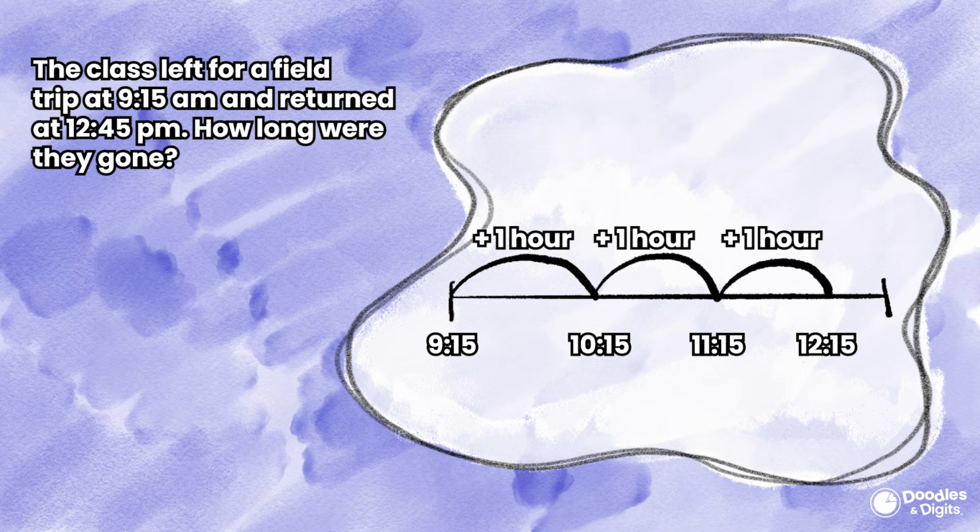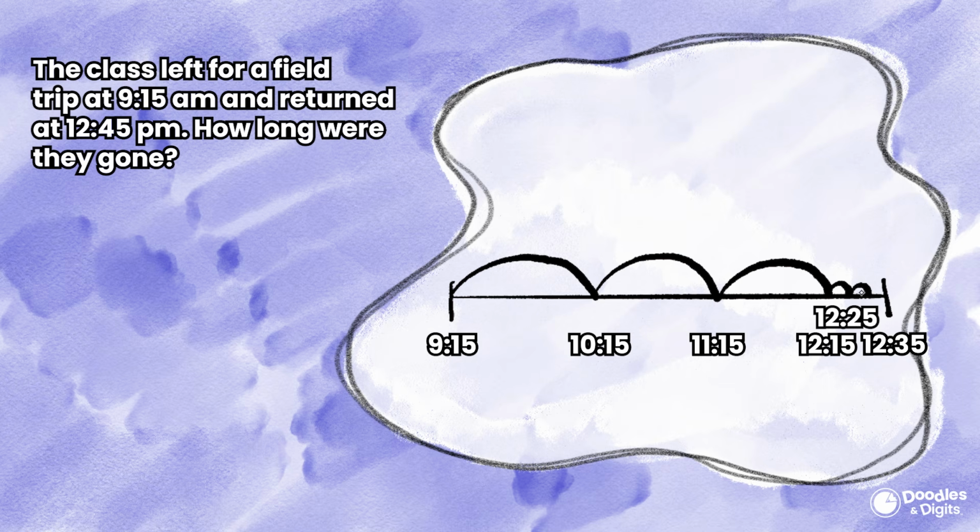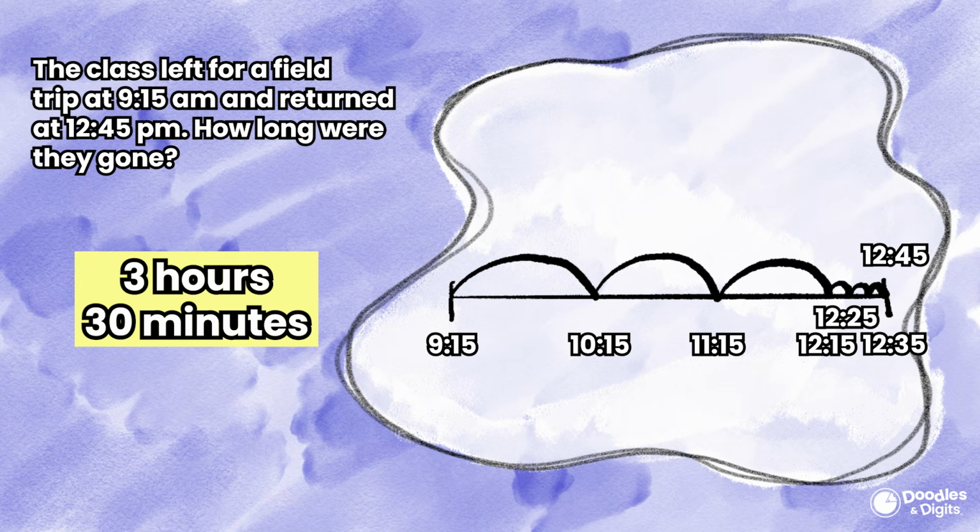Now I'm going to add in 10-minute increments. 12:15 plus 10 minutes is 12:25, plus another 10 minutes, 12:35, and another 10 minutes is 12:45. So we know that the amount of time that passed was 3 hours and 30 minutes.